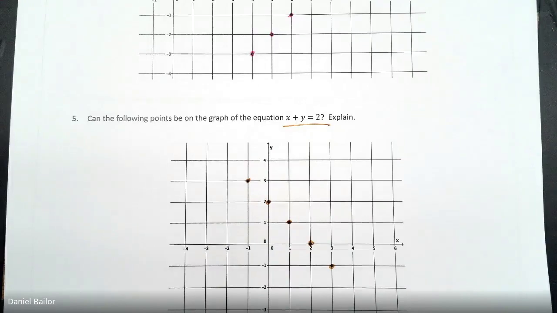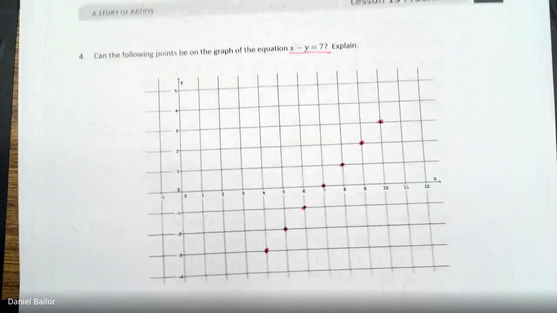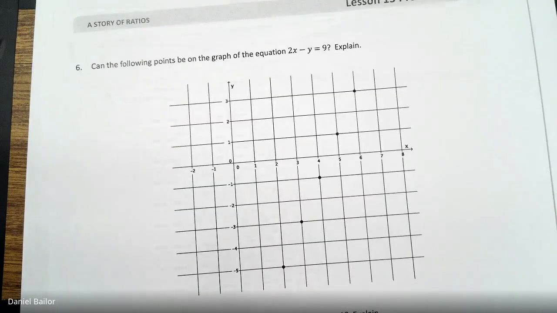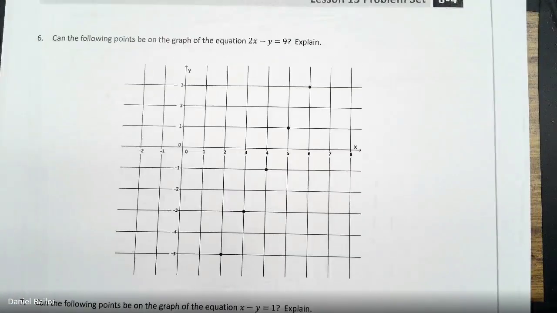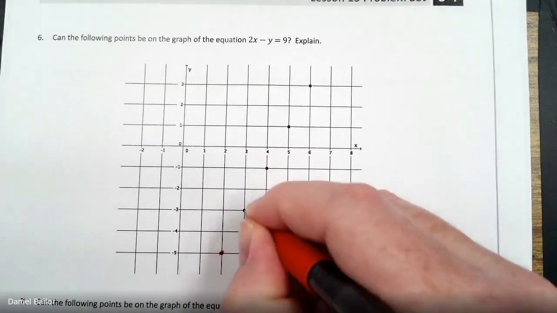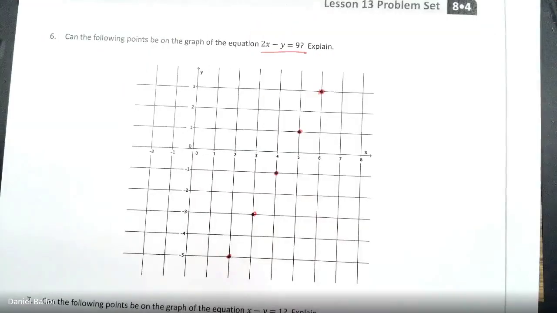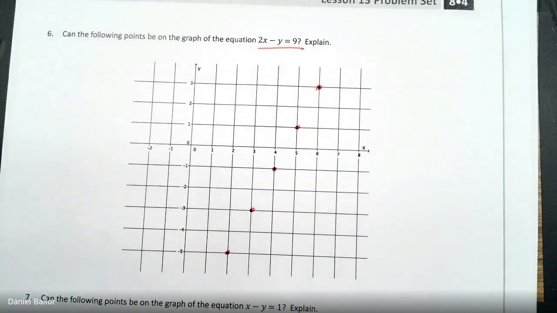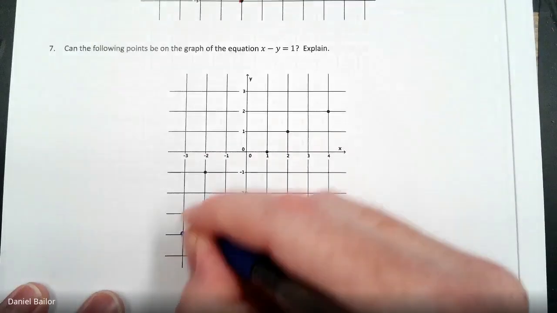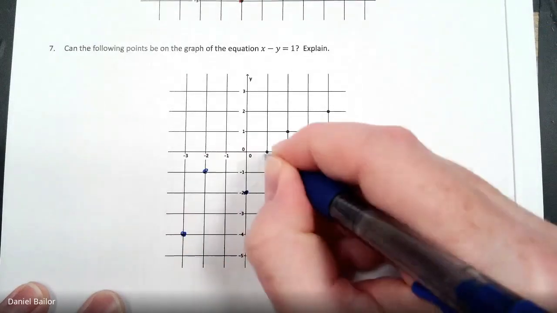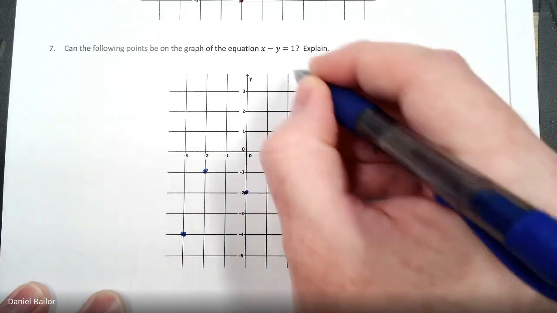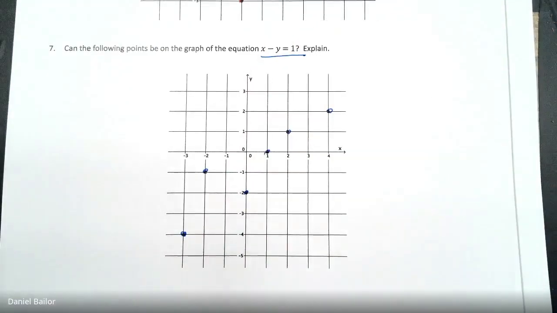You tell me. And then for number 6, again, do the points on the graph match the equation? And number 7, does the graph match the equation? Tell me why or why not.